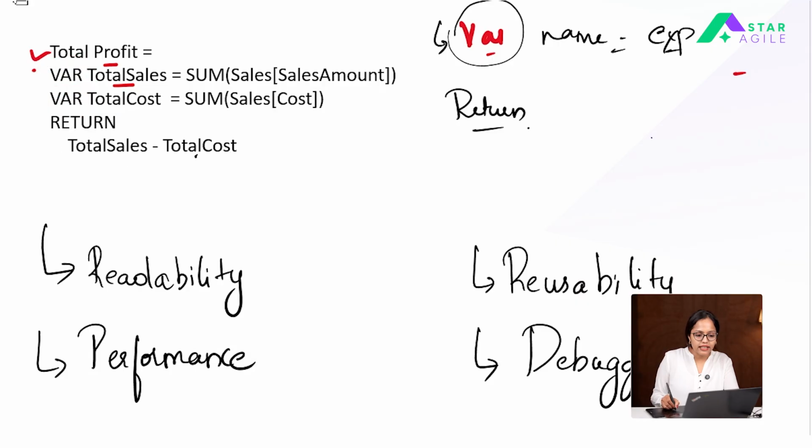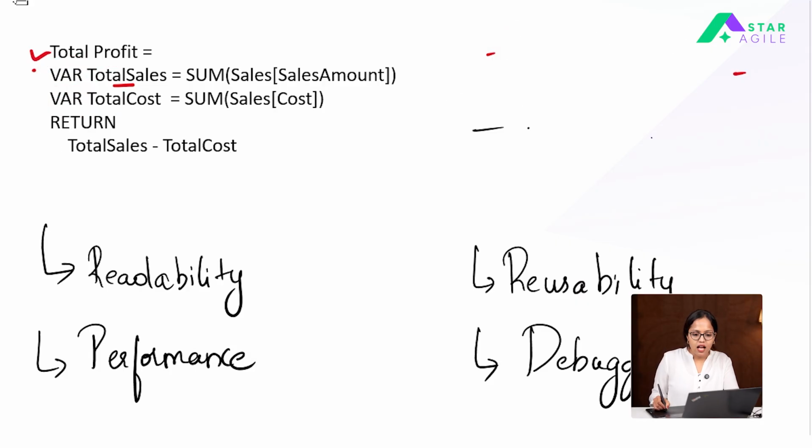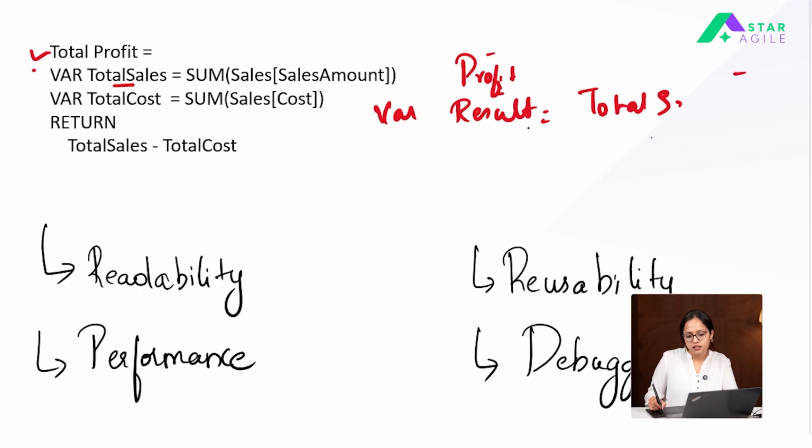You can also redo it the other way, okay? How? You can also create another variable here called result, guys. And this result, you can also store it as profit underscore result or anything else. And this result can also be total sales minus total cost, right?